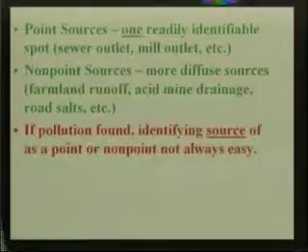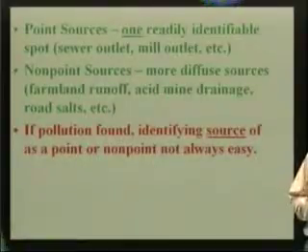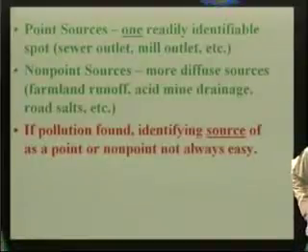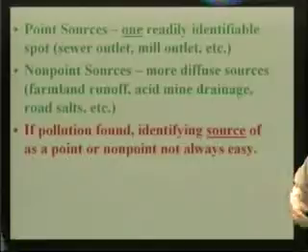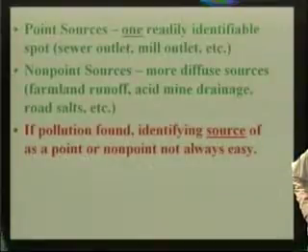Some are really readily obvious. If you can see the effluent coming out of something, you could take that water and test it and identify it right away. Depending upon maybe a non-point source, it depends on what kind of pollution it is, what these different chemicals are. As I said, there's a lot of them.